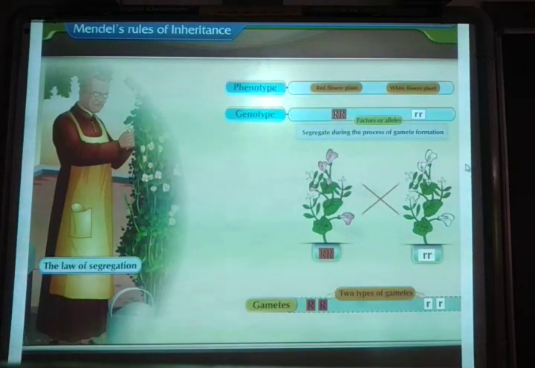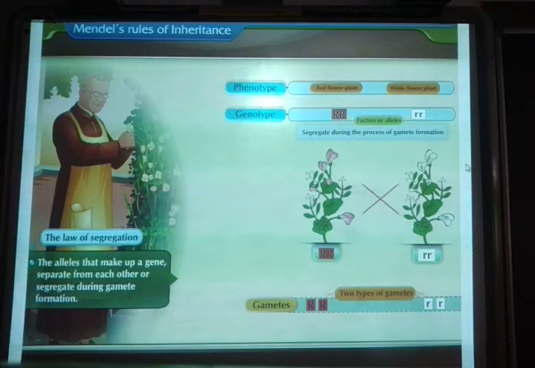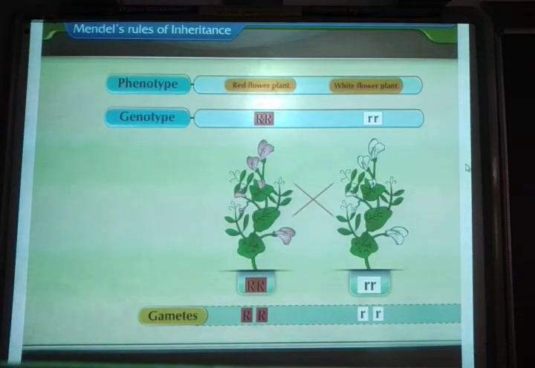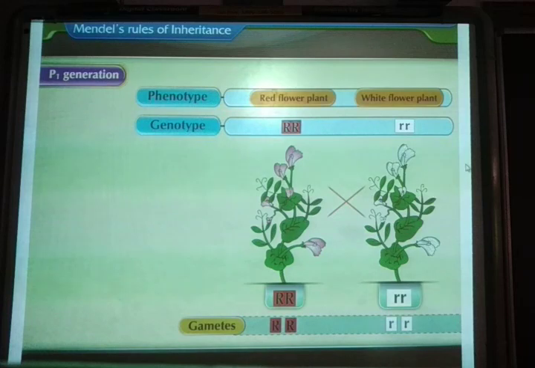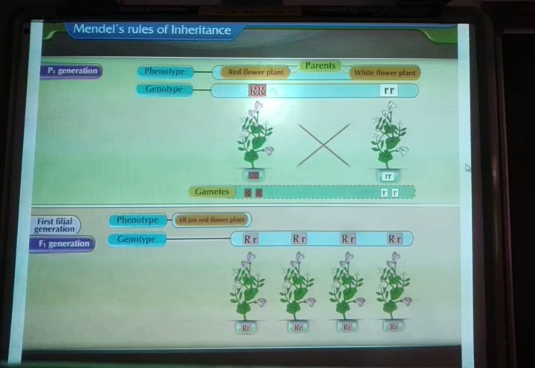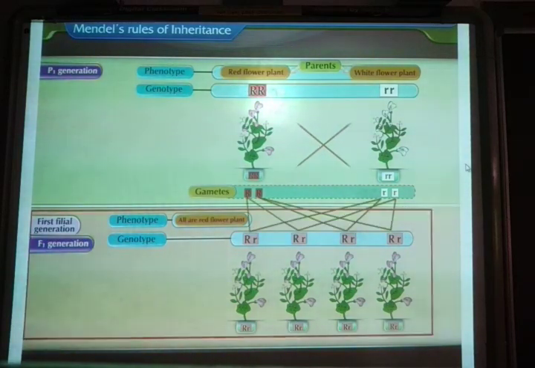Based on this observation, Mendel formulated his first law of inheritance called the law of segregation, which states that the alleles that make up a gene separate from each other or segregate during the formation of gametes. The generation of offspring produced by P1 generation of parents is called the first filial generation or F1 generation, and the new form of offspring resulting from a cross or breeding are called hybrids.